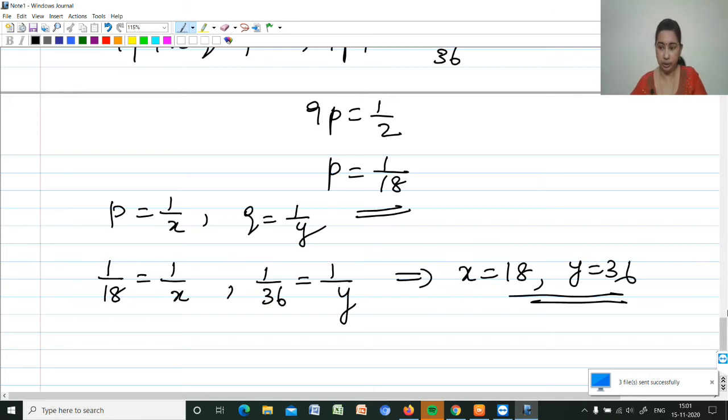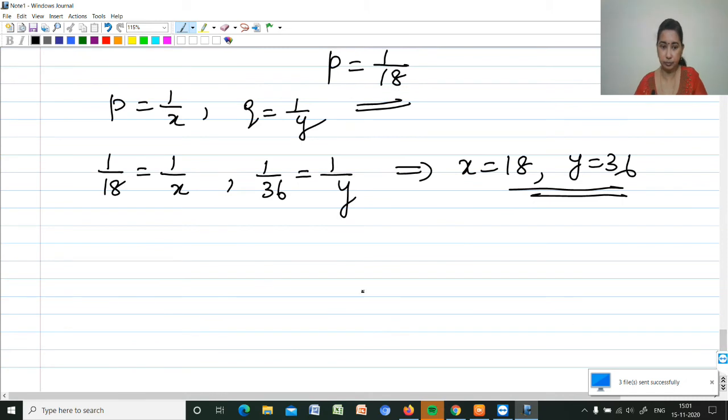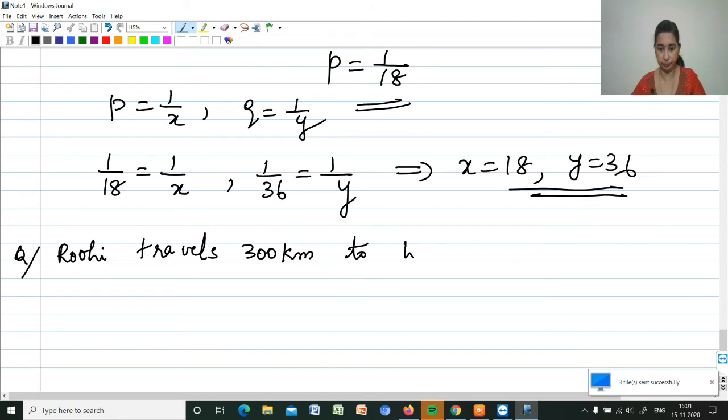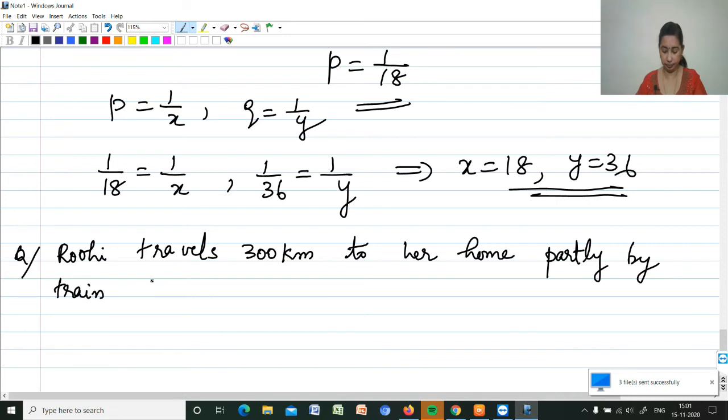Moving on to the third question. Ruhi travels 300 kilometers to her home, partly by train and partly by bus.